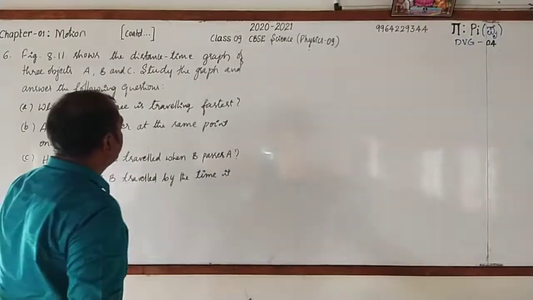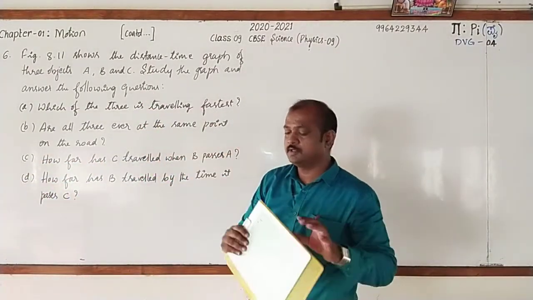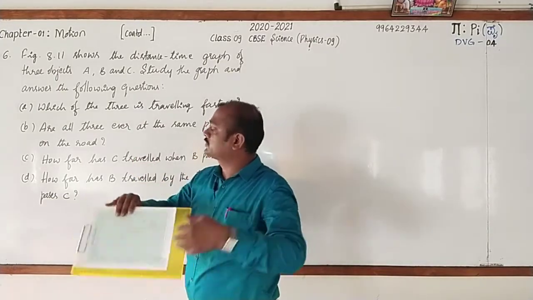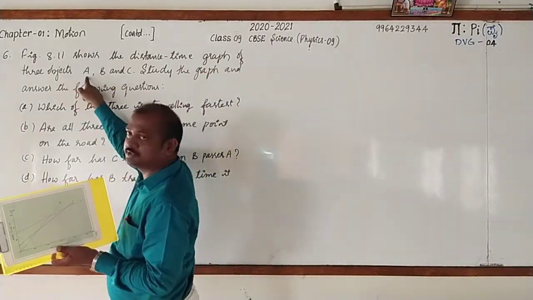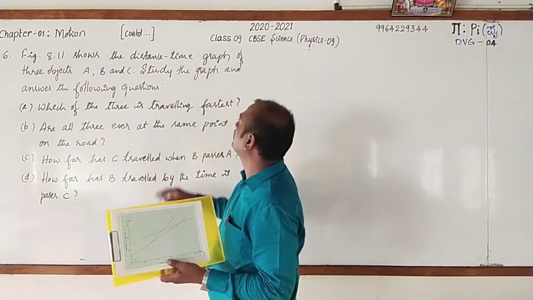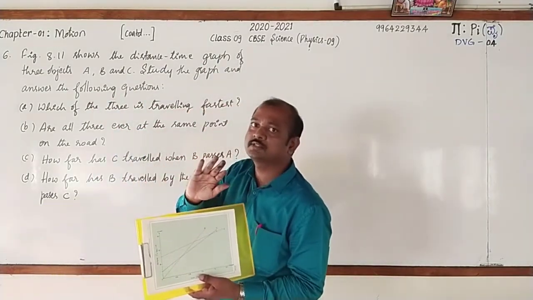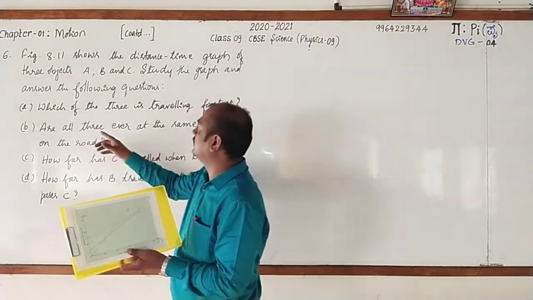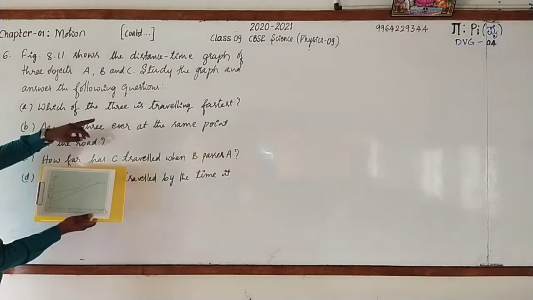Now go through that figure. It shows the distance-time graph of three objects A, B and C. Study the graph and answer the following questions. The questions are very simple. First question: which of the three is traveling fastest?